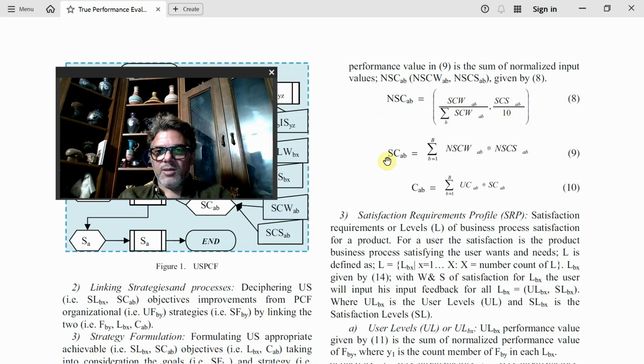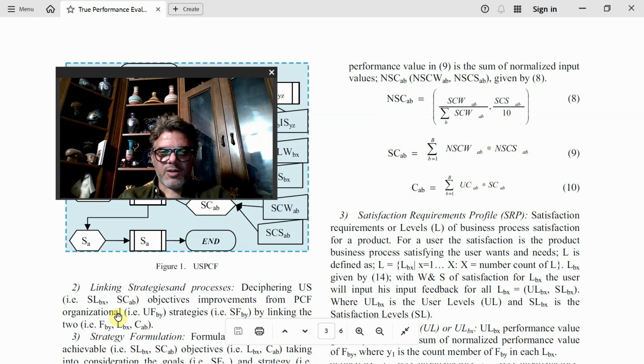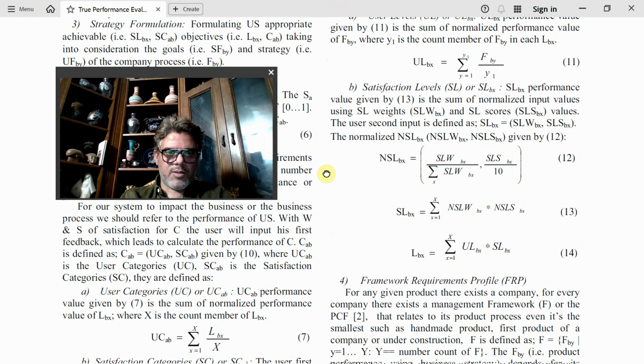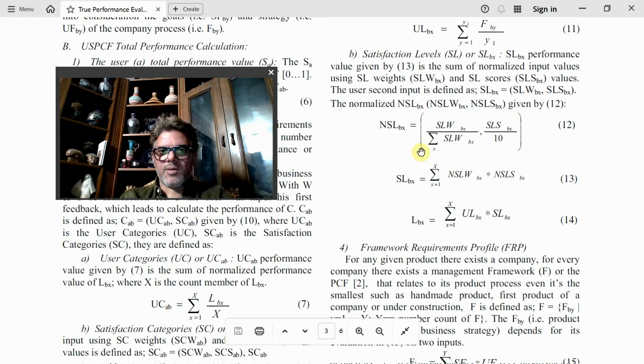So the satisfaction categories are the normalized satisfaction categories weight times the normalized satisfaction category score. And the whole category is the user category times the satisfaction category. Satisfaction category and the user category, you're going to find it. The user category.